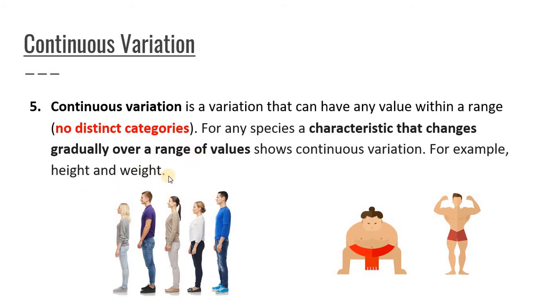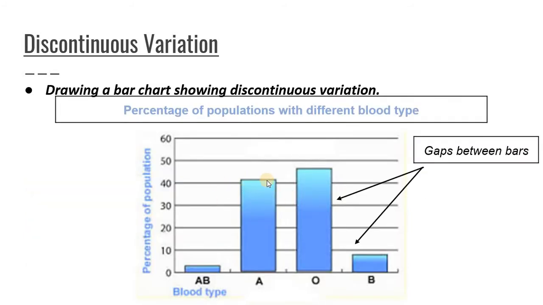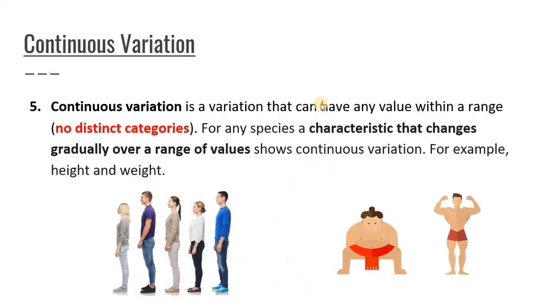Now in discontinuous variation, just now I did mention that the values are in whole numbers. They cannot be 1.5, 1.2, 1.3, no such thing, all right? It has to be in whole numbers, whereas in continuous variation, the data can be in fractions. So for example, height.